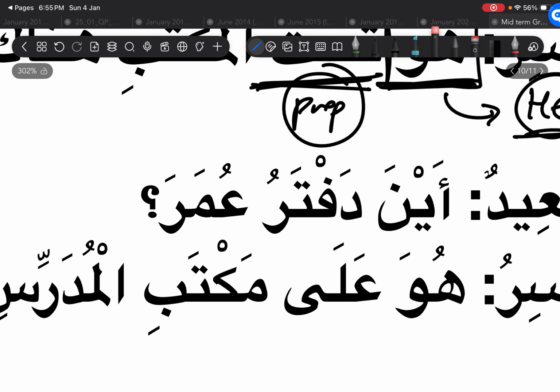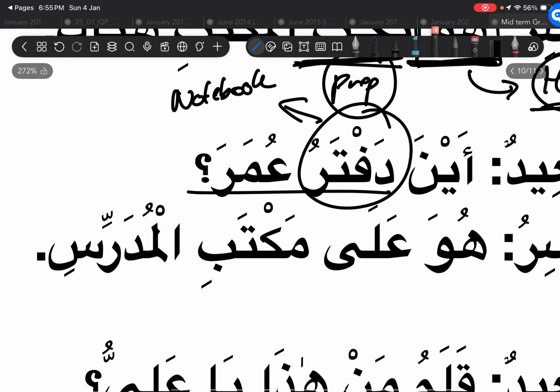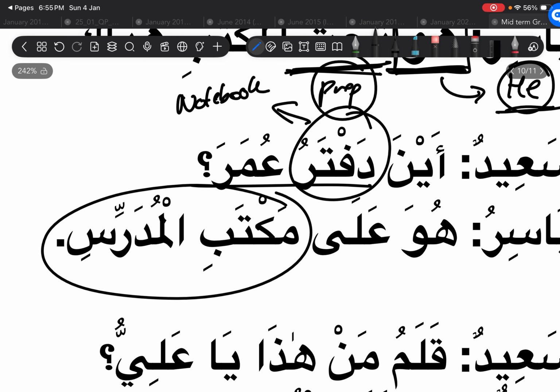Aina daftar Ammar? Daftar means notebook, and this was in the Kitab al-Asasi. Where is Ammar's notebook? Huwa tahta maktab al-mudarris hunak. It is under the teacher's desk.